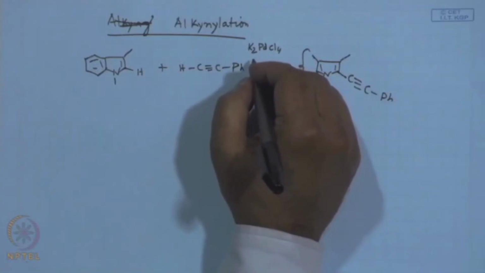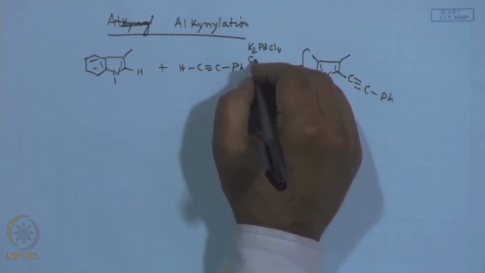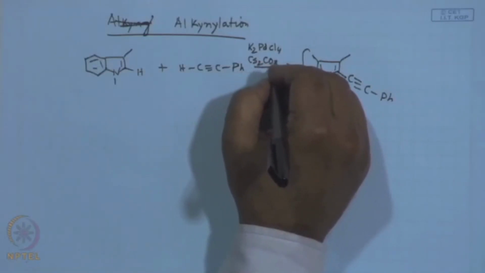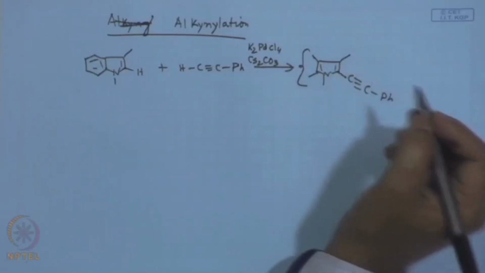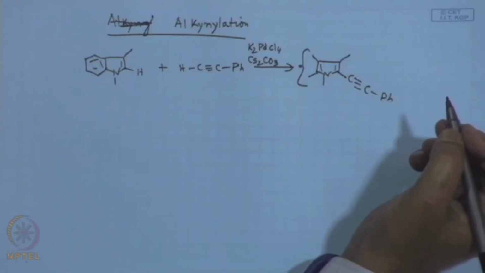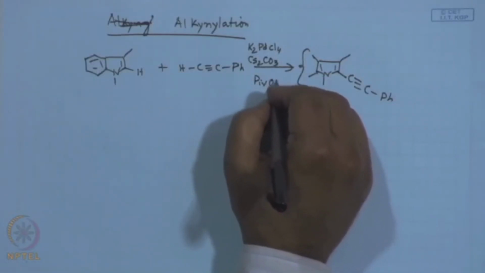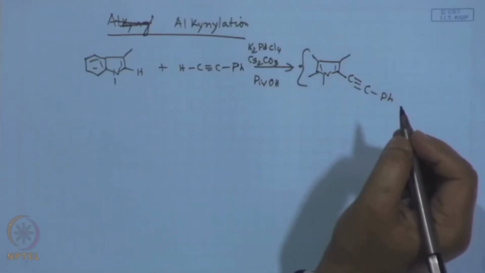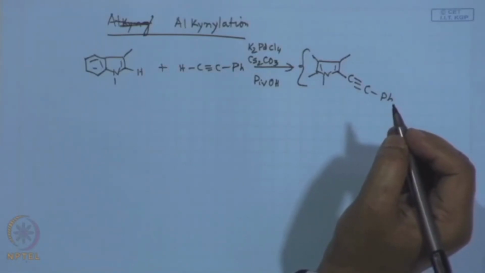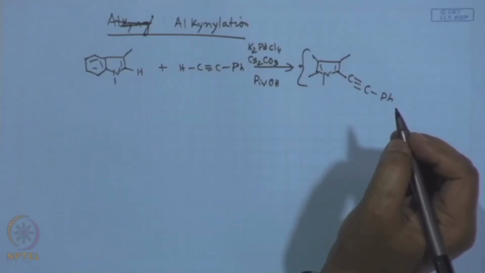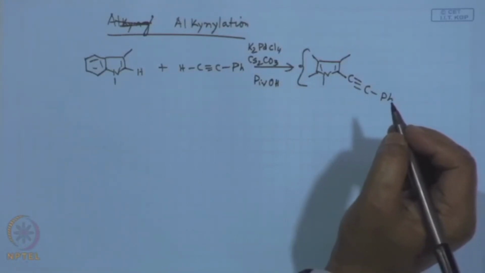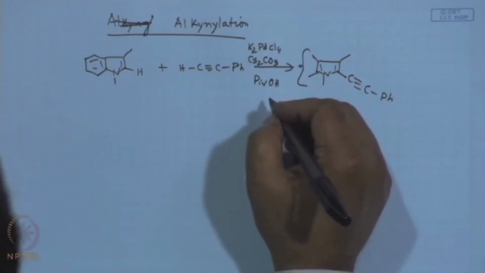These combinations, of course, come with a little bit of experience. Then the other base here is cesium carbonate, and very interestingly, an acid is required to protonate the nitrogen. So pivalic acid is a 5 carbon, tertiary butyl carboxylic acid, right.